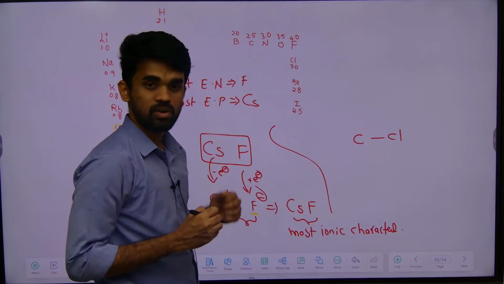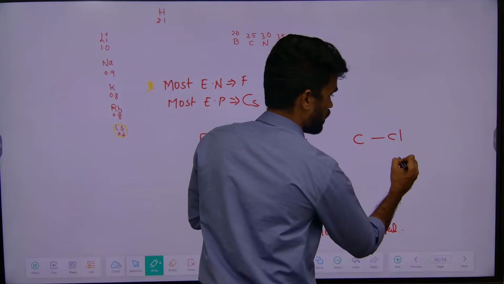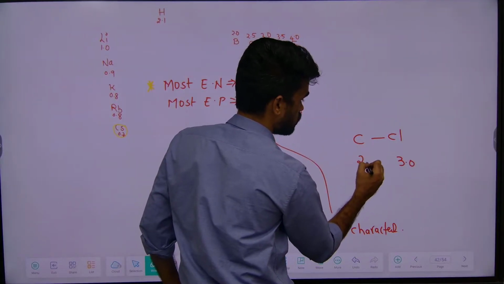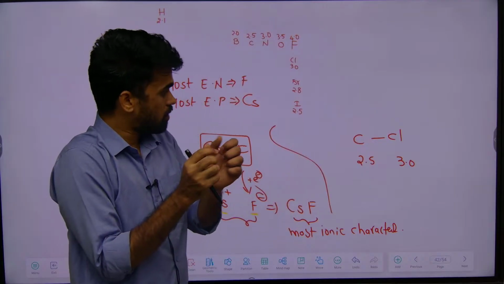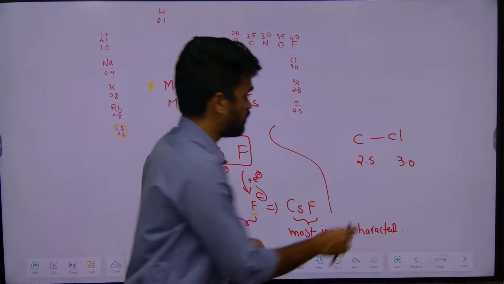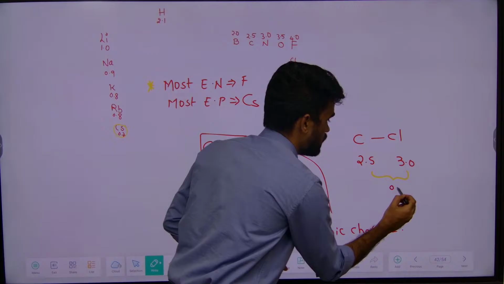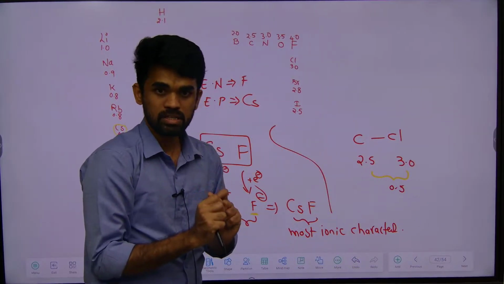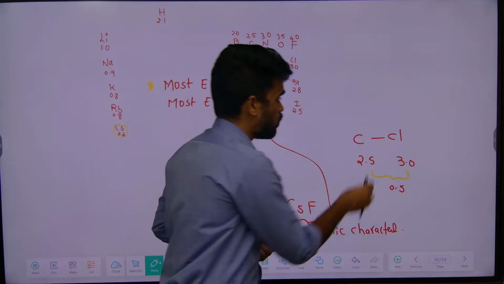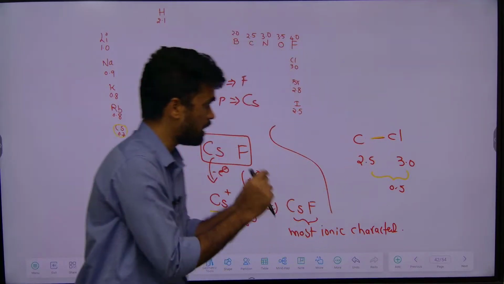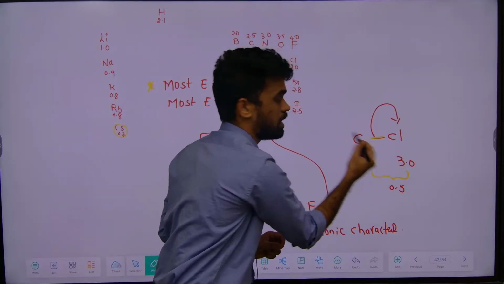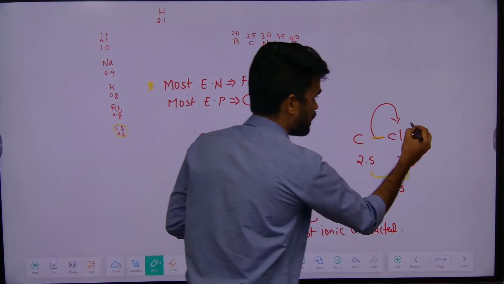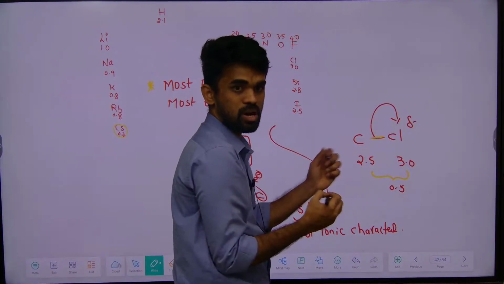The electronegativity of chlorine we wrote in the table above is 3.0, and carbon is 2.5. Are we able to see much difference there? Just 0.5. Is it a huge value or a small value? Small value. The difference is very small. This bond will polarize, but not completely, like Cl minus and C plus. It will become partial negative and partial positive only.